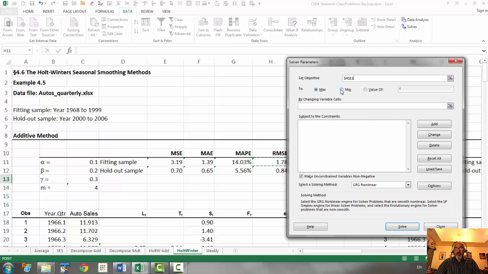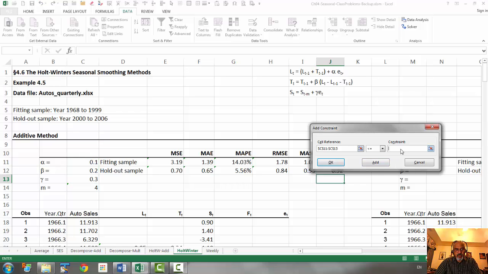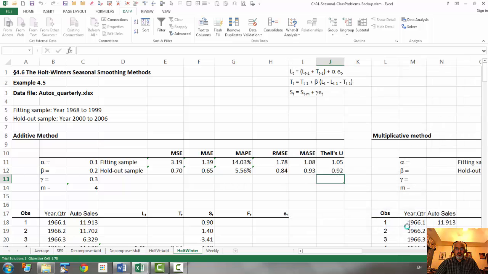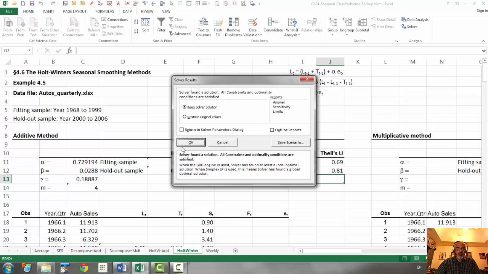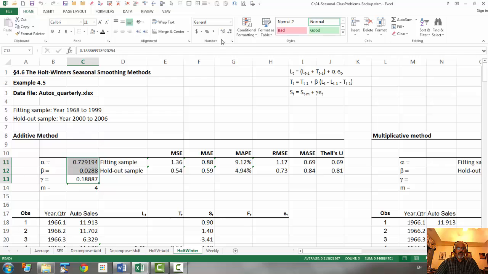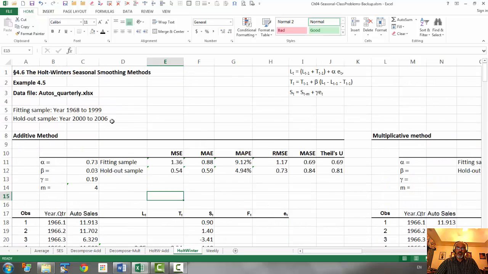Minimize that, and alpha, beta, gamma should be less than or equal to 1, non-negative, GRG, solve, and we get the best model, the best alpha, beta, gamma values. So now we have set up the additive model. Now let's look at the multiplicative model.